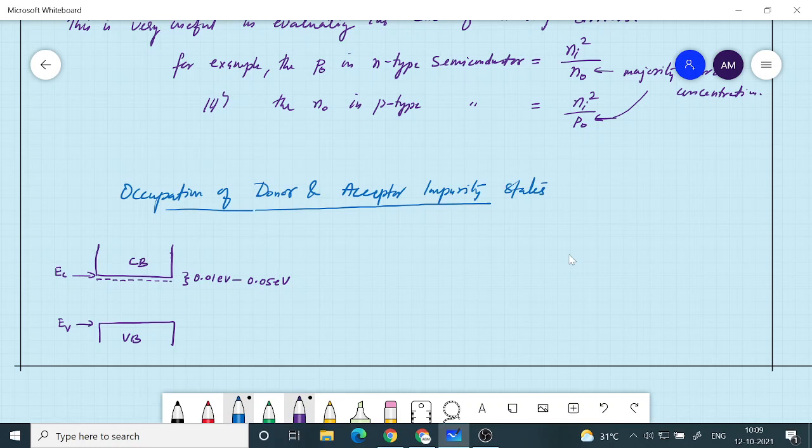Only for heavy doping, which means something like 10 raised to 18 atoms per centimeter cube or above, 10 raised to 19 per centimeter cube, these levels will interact and overlap and form a band on top of the band due to the silicon crystal. And then the newly formed band will merge with the conduction band.